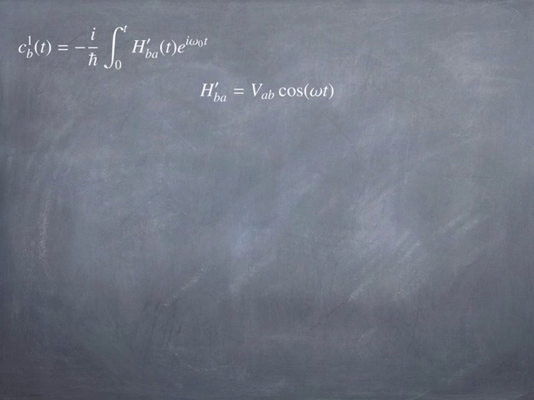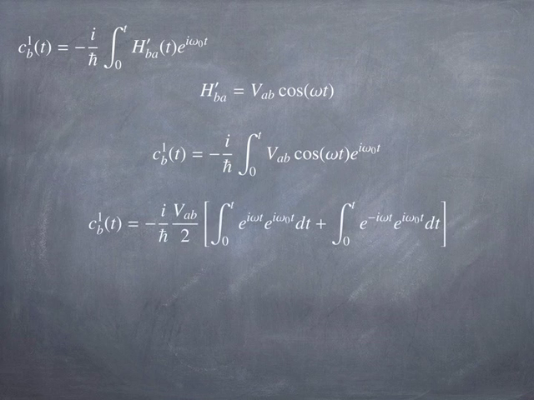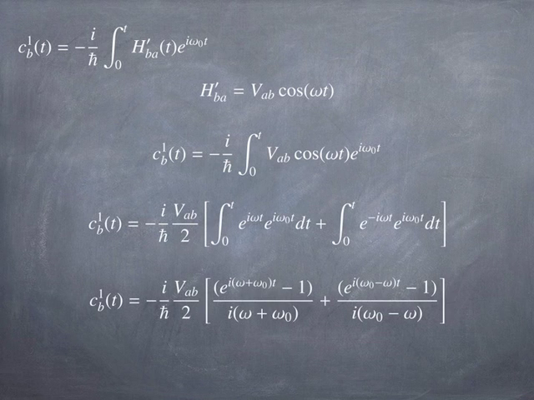That's the idea. And I'll go ahead and put that perturbation in, and you can see that what we get is the integral of a cosine. That's an easy integral to do. We break the cosine into e to the plus i omega t and e to the minus i omega t, and we simply crank it out. Now, it's not a very enlightening result, unfortunately, so I'm going to make what people often make in this business.